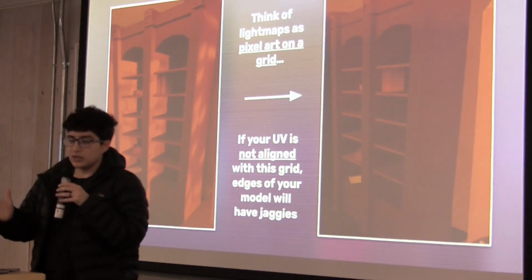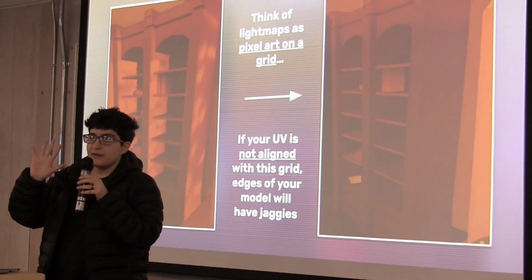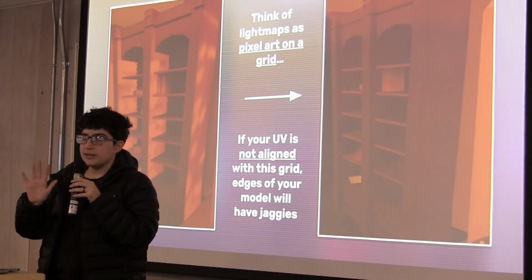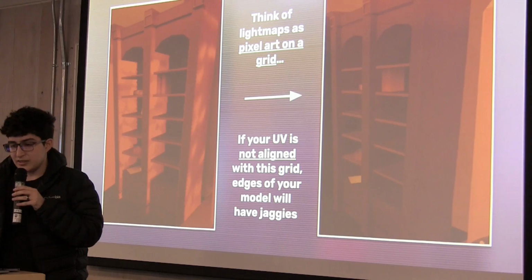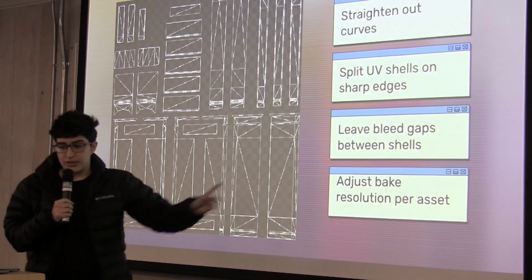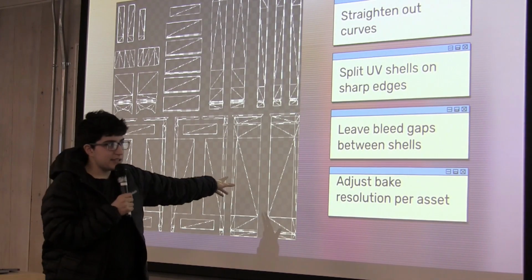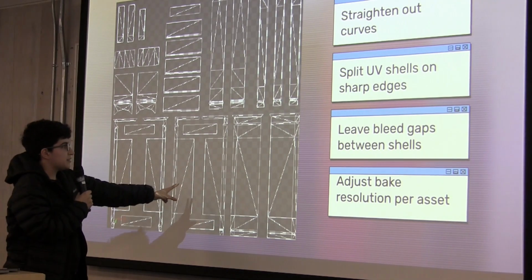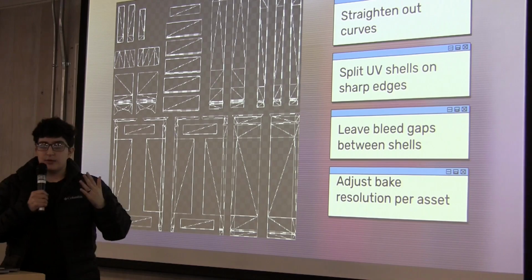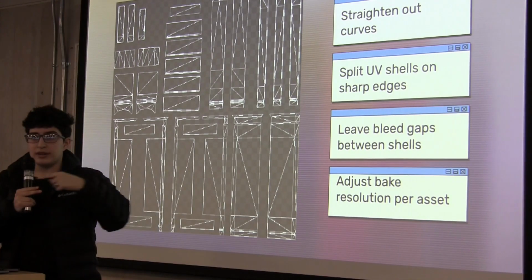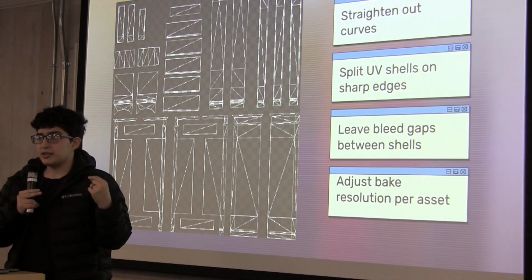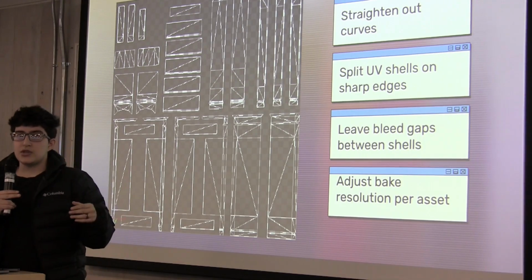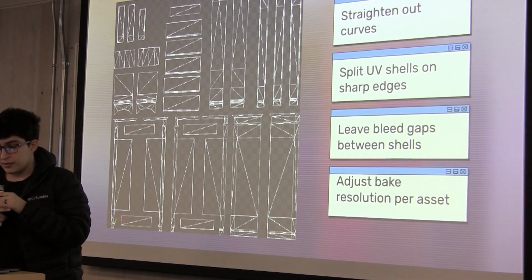So we tried to line up everything that would have a sharp edge to a pixel grid. This is the UVs for the shelf after I fixed it. You can see we left a lot of extra space between the different parts of the shelf. Anywhere that had something like a 90-degree angle or an intense difference between light and dark, we'd separate so that you wouldn't have any bleeding from one end to another.